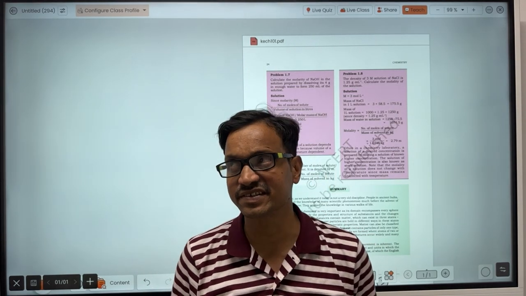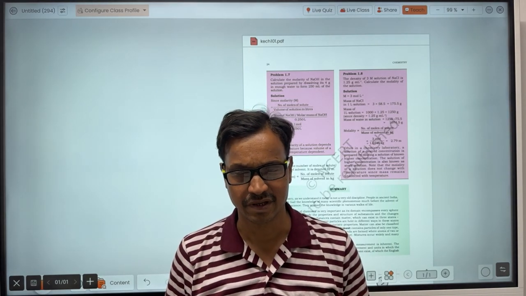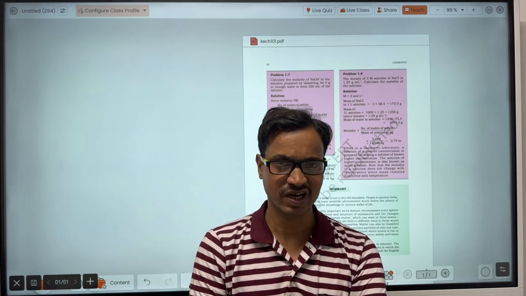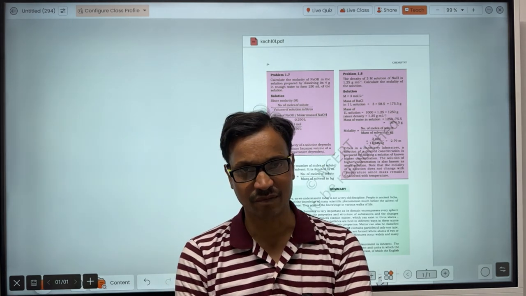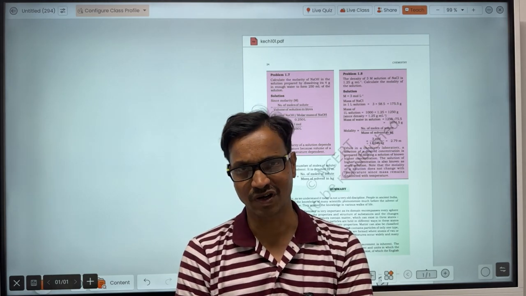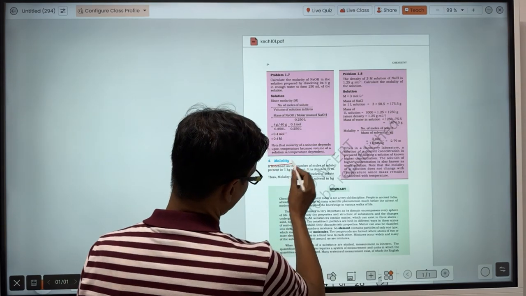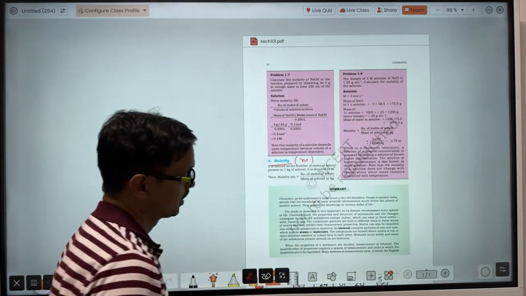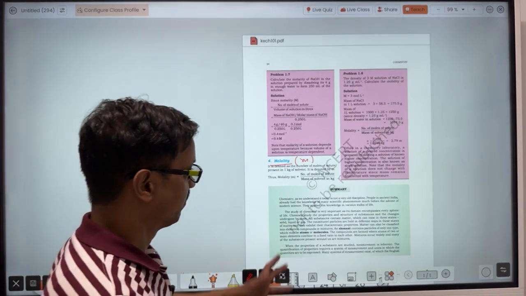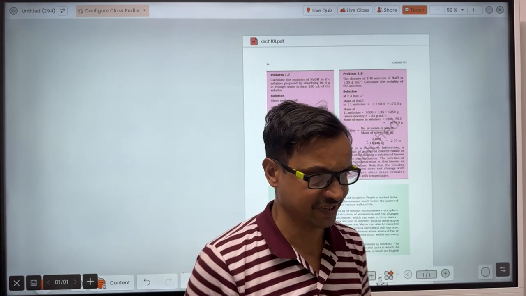So molality is the number of moles of solute present in 1 kg of solvent. Molality is indicated by a small m. Molarity is indicated by capital M, while molality is indicated by small m.